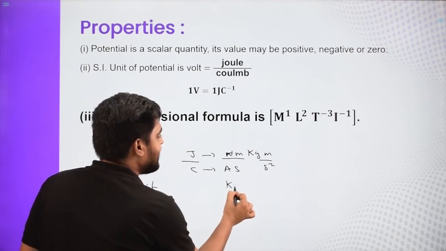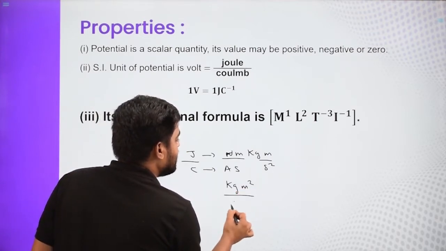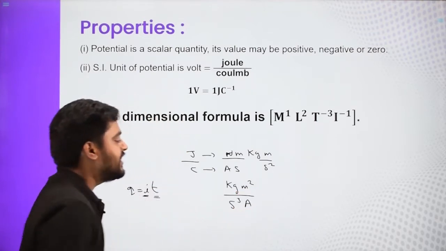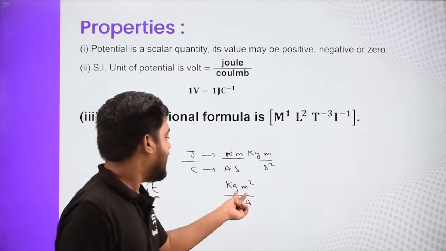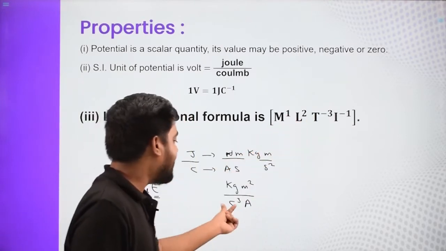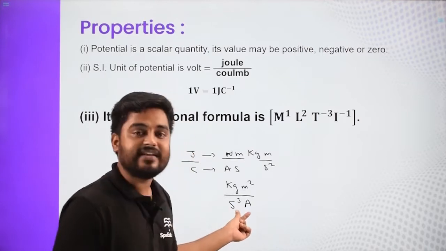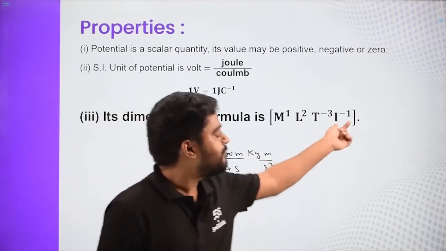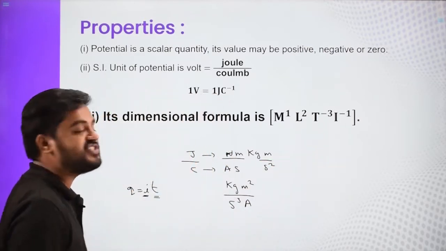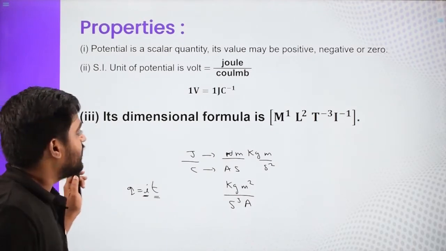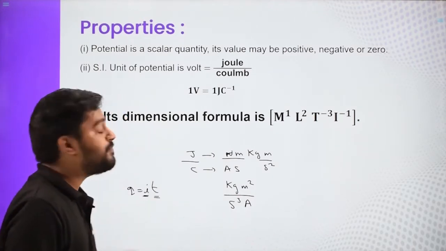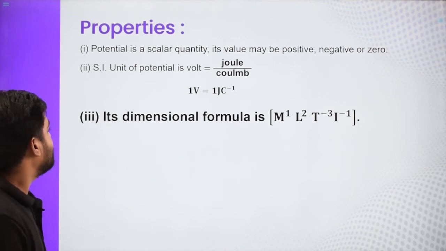Now if you see, there is kg meter square upon second cube ampere. So it is M to the power 1, L to the power 2, T to the power -3 and A, that is current, raised to the power -1. So this is our dimensional formula for 1 volt, or we can say the dimensional formula for potential.